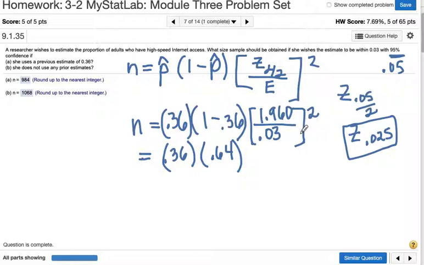Oh, I forgot. Okay, so first thing I'm going to do is 1.960 divided by 0.03. When I get that amount, then I have to square it. So I get 65.333 repeating, and then I square that, and I get around 4,268. And I'm leaving this in my calculator.